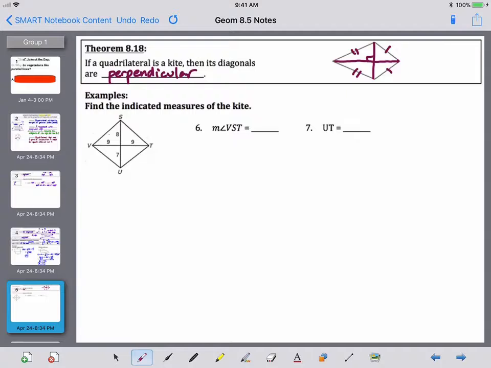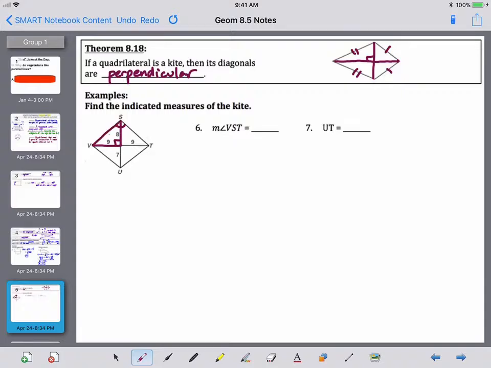So let's start out by just finding the measure of angle VST. If we go from V to S to T, that would be this angle here. Well, if you recall, this here is a right angle. So let's just look at that right triangle right here.